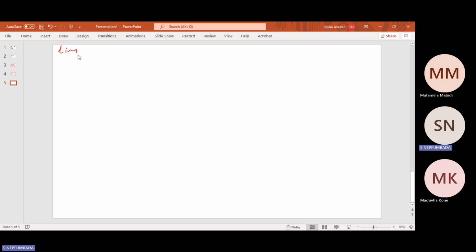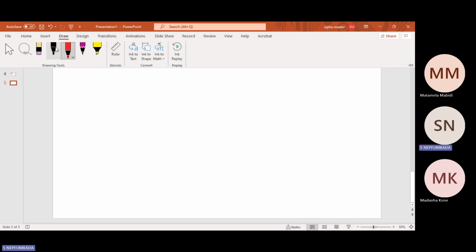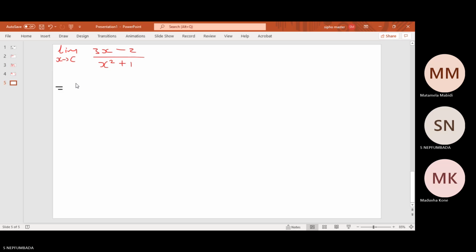If we say find the limit of x approaching c of 3x minus 2 divided by x squared plus 1. This is nothing but going to be, by the method of substitution, 3c minus 2 divided by c squared plus 1.